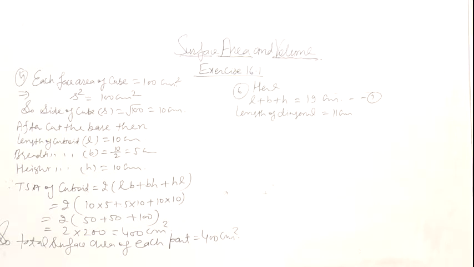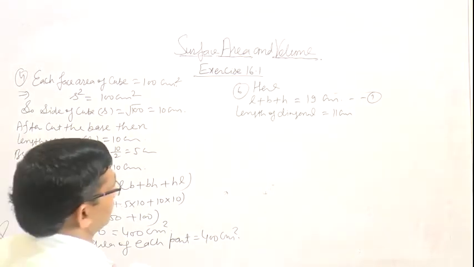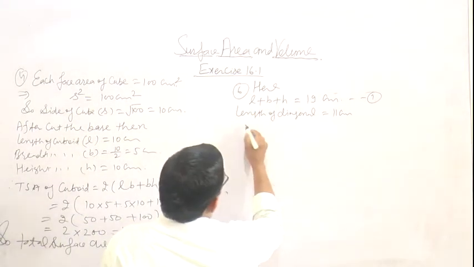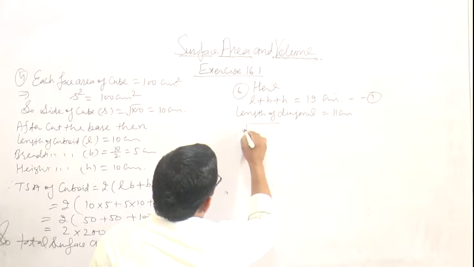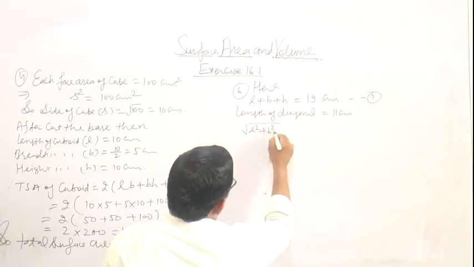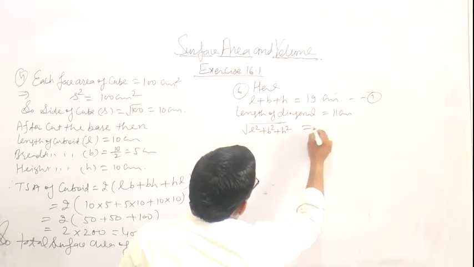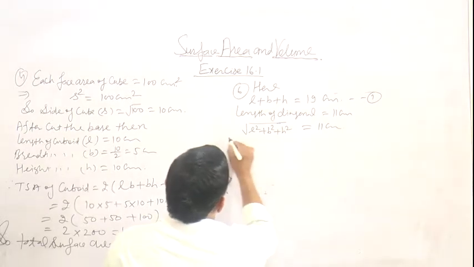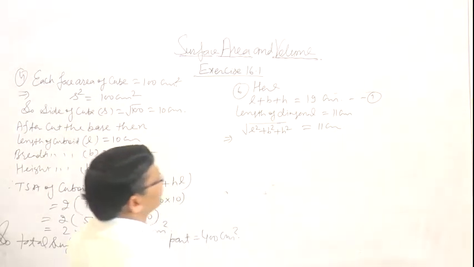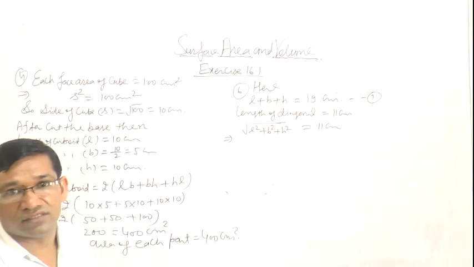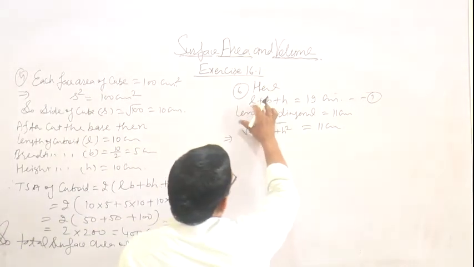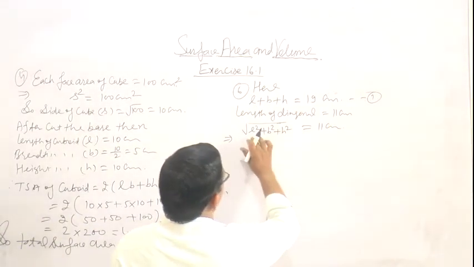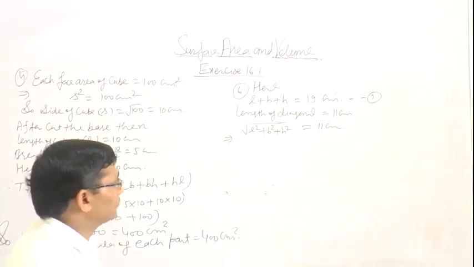We know that length of diagonal is square root of L square plus B square plus H square, which is equal to 11 centimeter. So two conditions are given in this question. First condition is L plus B plus H is 19 centimeter and length of diagonal is 11 centimeter.